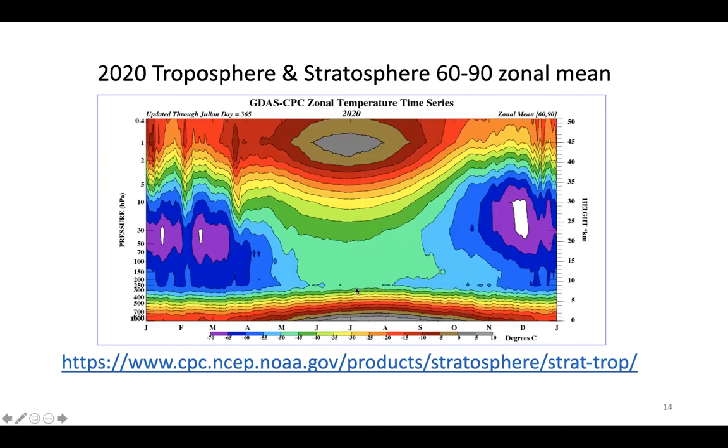If you look in the summer at the center, you can see that there's a large green area in the middle, which is that bottom point where the tropopause is, where the troposphere ends and the stratosphere begins. But in the wintertime, on the left in January or on the right in December, you can see that there's a considerable change in the structure of the atmosphere. The gradients are different than they are during the summer, and the temperature becomes a minimum at a significantly higher altitude than it does in the summer.